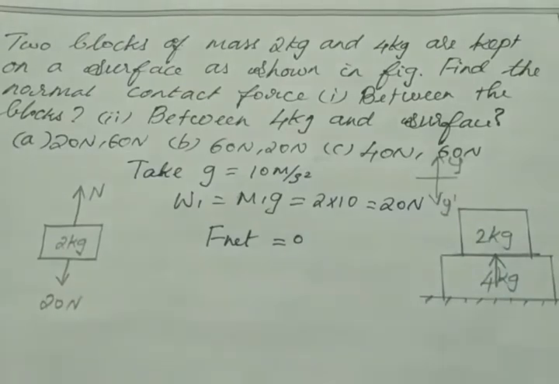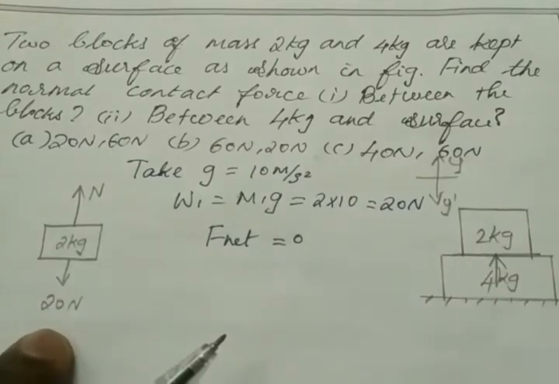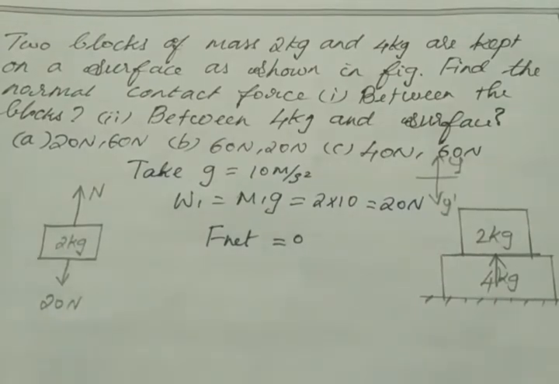So this 20 Newton force acting downwards is negative. In the positive y-axis we have the N force, that is the normal force, which we have to find, so we take it as plus.